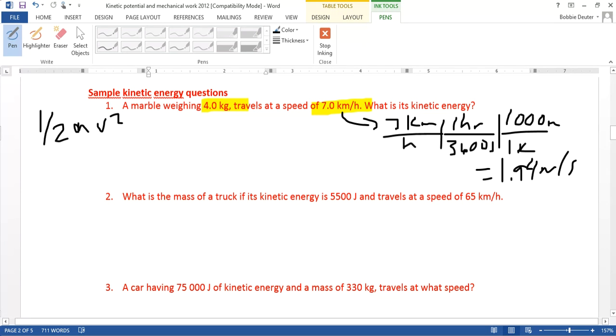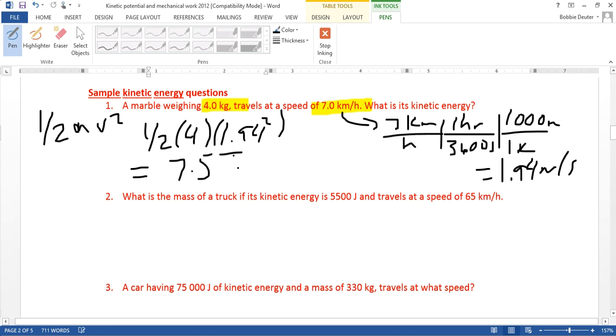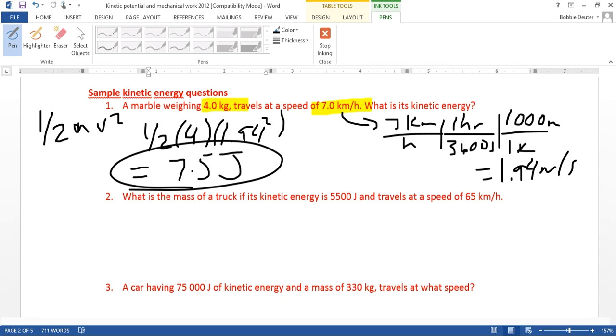Now let's use this. So now we have 1/2, we have a mass of 4, velocity of 1.94 squared, and you should get 7.5 joules. So now that we know we have to convert, we have to make sure that you do those conversions first. So go ahead and work on those problems in your group. Go through, and I'll give you the answers for them as you go through.